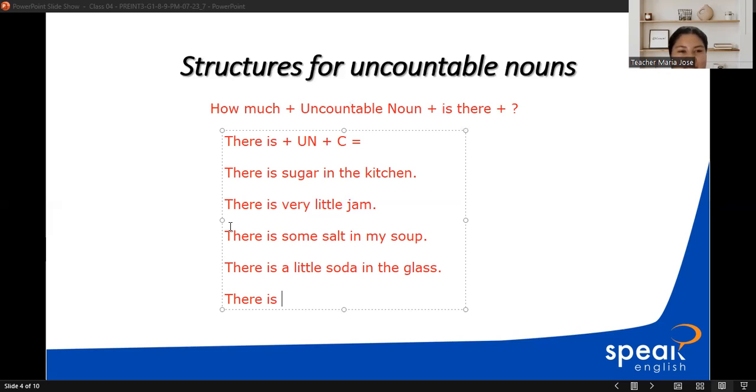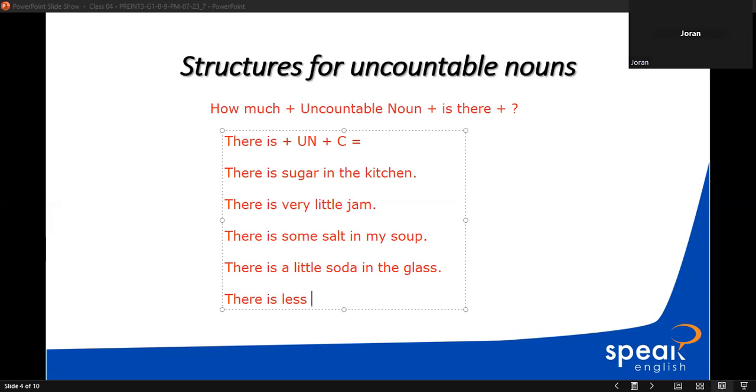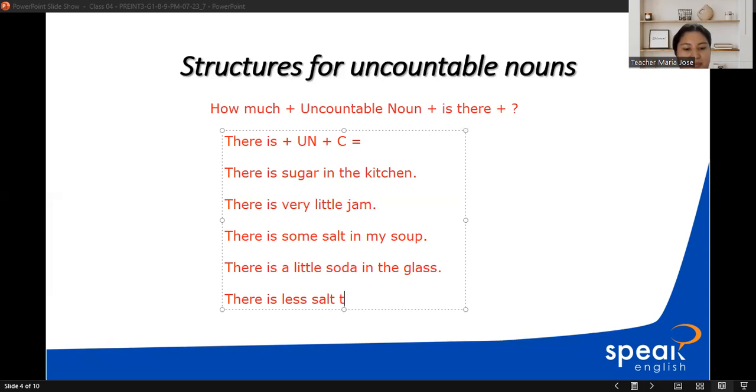Do you remember the ones that we checked? I don't remember all the options. Okay, no problem. Don't worry. Okay, Joran? There is less salt than pepper. Excellent. And there is one more structure missing.